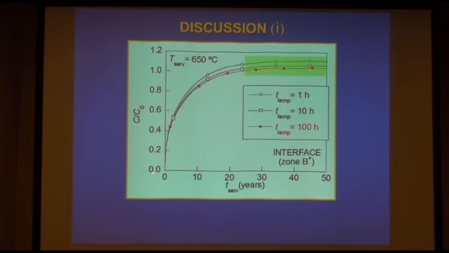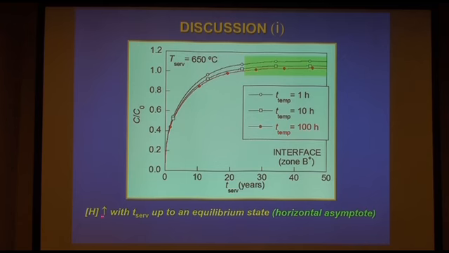As time goes on, we approach the asymptotic behavior, the equilibrium concentration of hydrogen. And we have the difference between the tempering times, 1 hour, 10 hours, and 100 hours. The best behavior, the lowest asymptotic equilibrium hydrogen concentration, is for the longest tempering time.